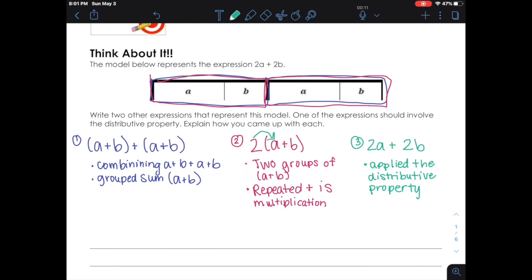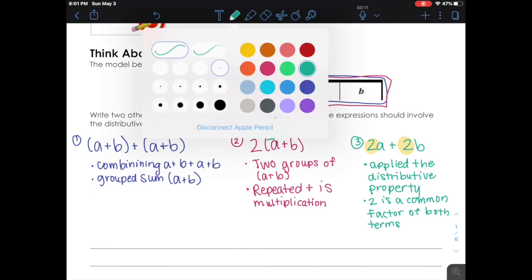If I come back to expression number 2 and I distribute that 2 across the sum, I end up getting 2a plus 2b. So I know that 2 is a common factor of both terms. Because if you notice, A has a 2 and B has a 2.